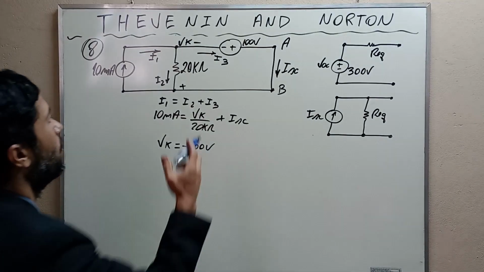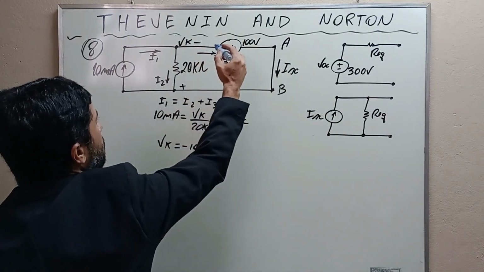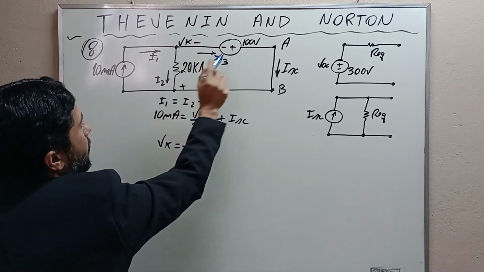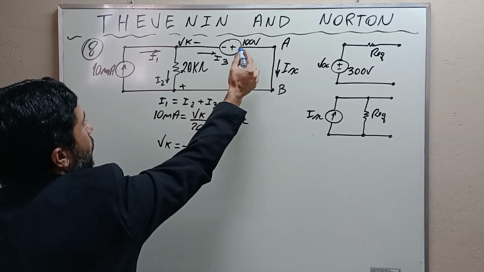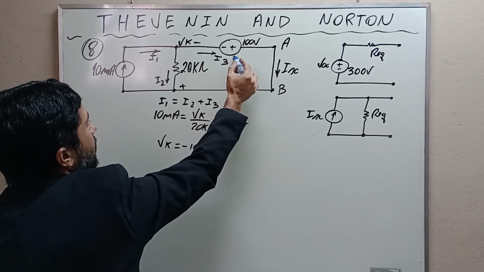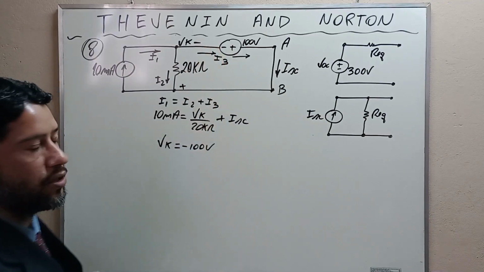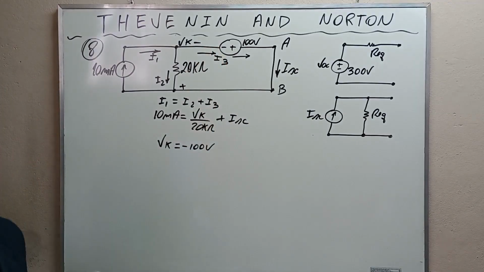Alright? Because Vk is here, and 100 volts is in this direction here, and Vk is the opposite of it. Alright? That's why Vk is negative 100 volts.